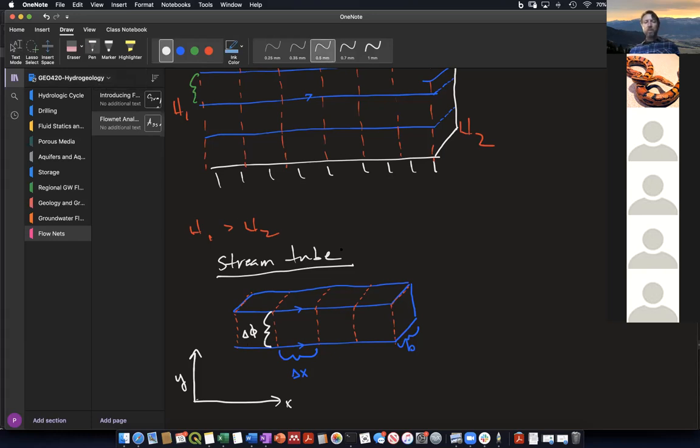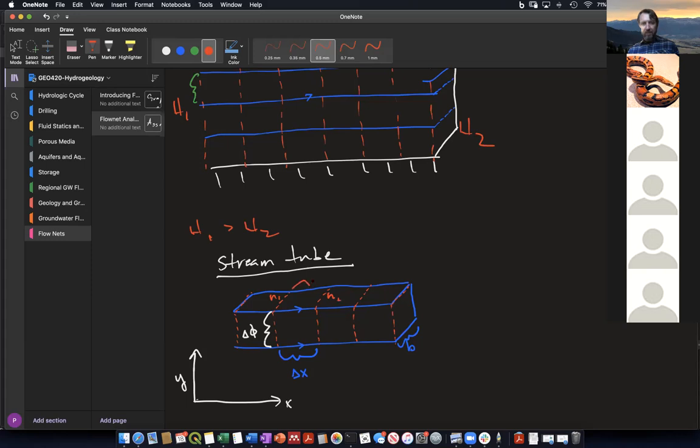Now this one is going to be the mind bender. So let's ask questions and make sure we're clear on this next dimension. This is the difference in head between, let's call this contour H1, and this contour H2.